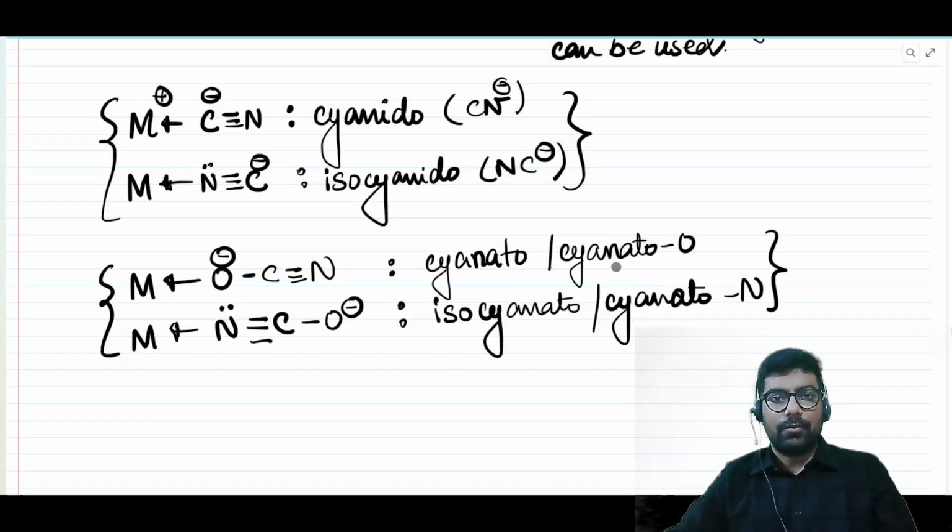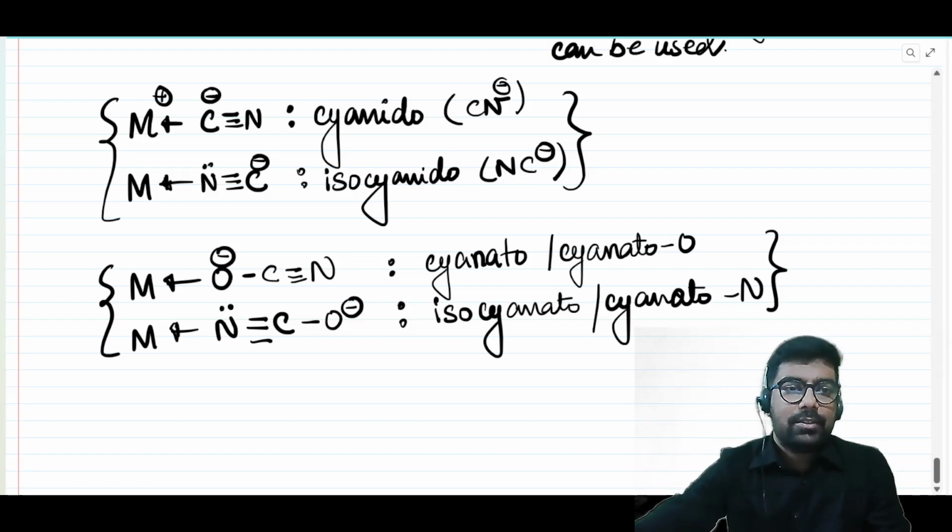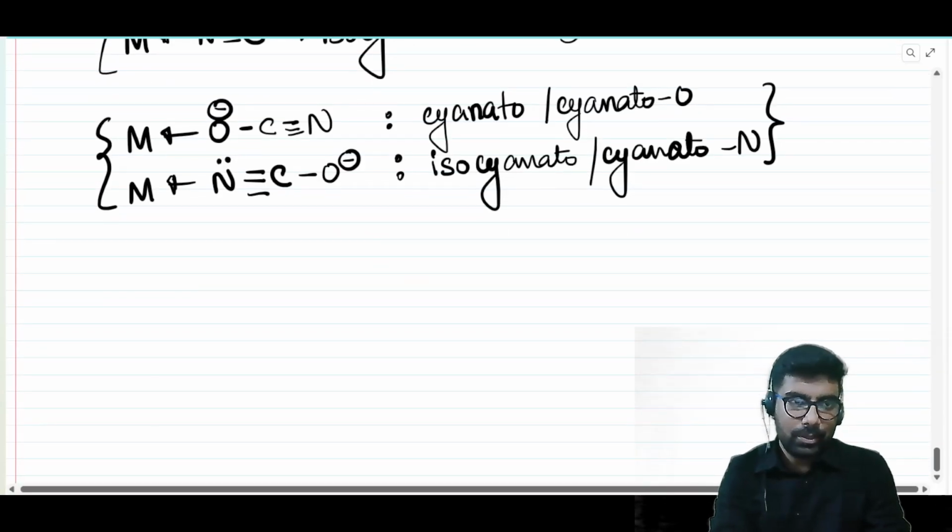Over here the first one is oxygen, so cyanato O. The next one has nitrogen as the binding site, so cyanato N. You can use either cyanato and isocyanato, that means the same, or cyanato O and cyanato N, that is also completely fine. So this is another type of ambidentate ligand where both donor sites are there, one is oxygen, one is nitrogen. Sometimes oxygen is being used, sometimes nitrogen.